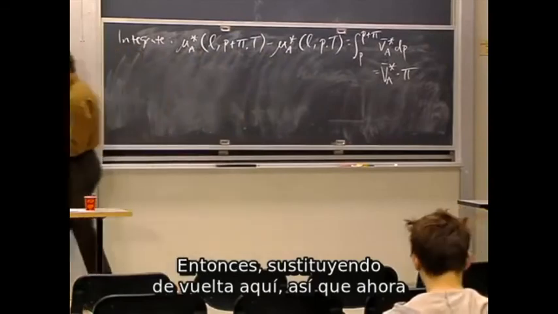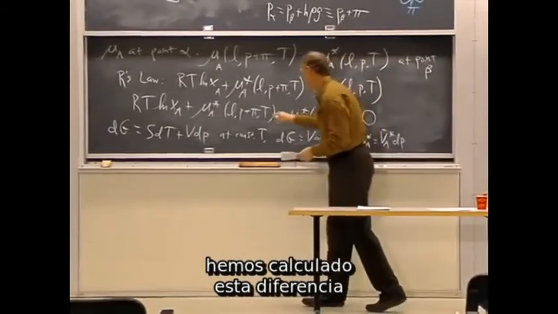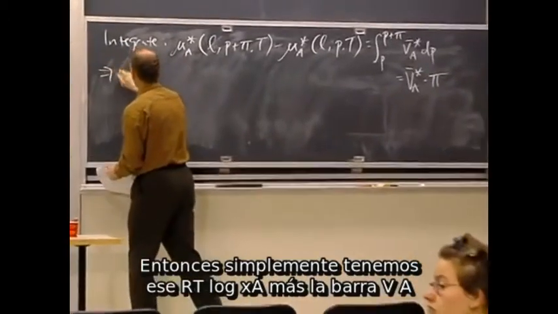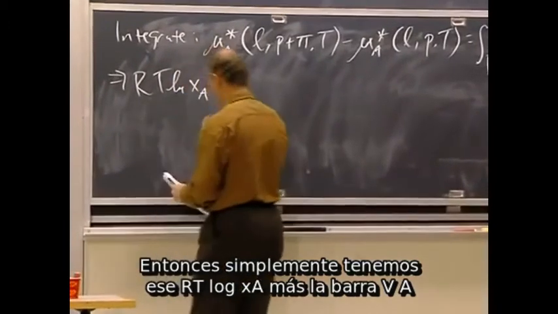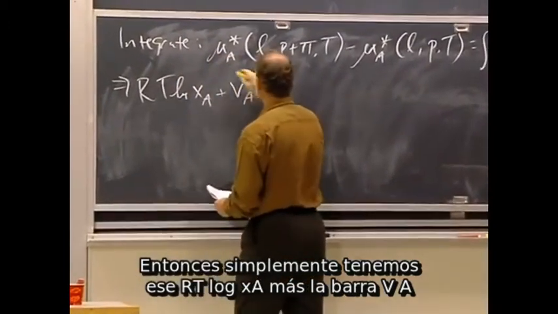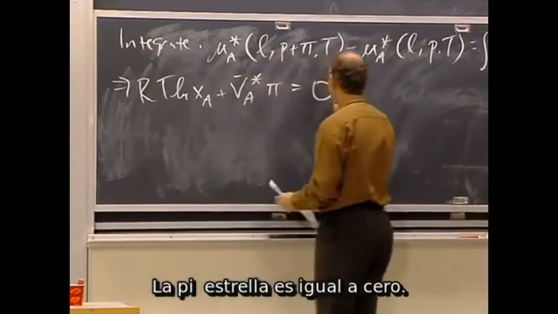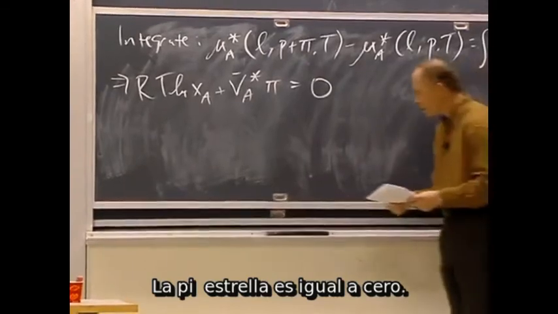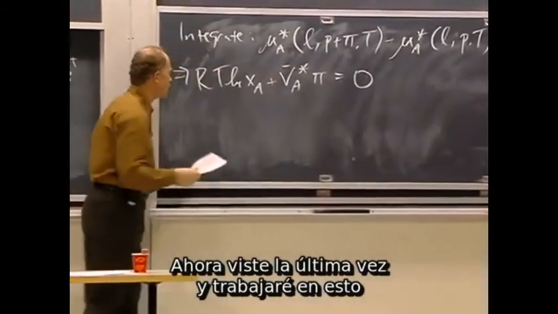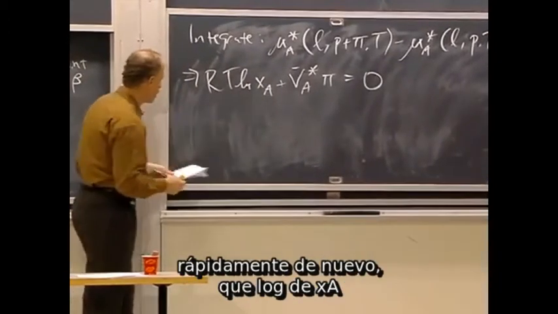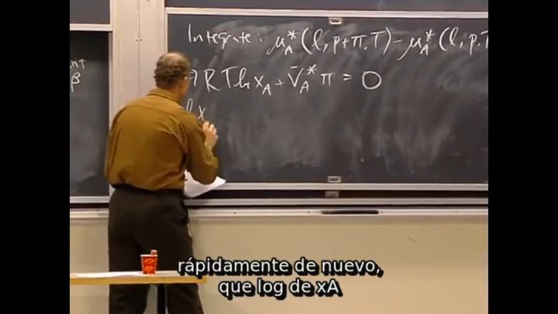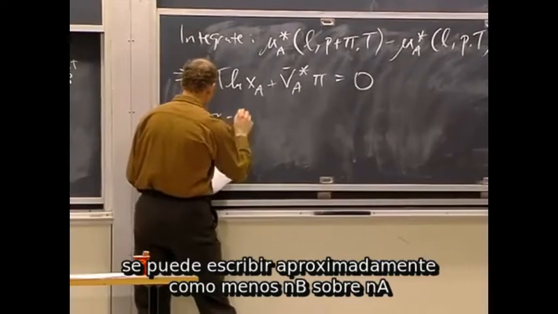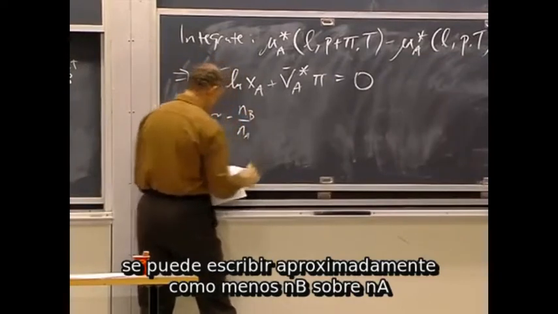So then, substituting back here, now we've calculated this difference. It's a simple result. So we simply have that RT log XA plus VA bar star pi is equal to 0. Now, you saw last time, and I'll work through this quickly again, that the log of XA can be written approximately as minus NB over NA.